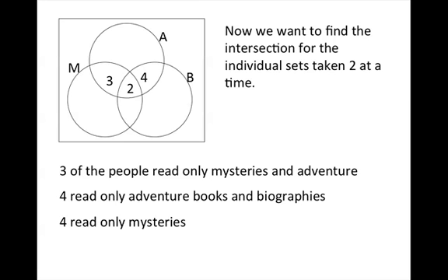Then I'm told that 4 read only mysteries. So if I look at my circle for M, if I only want to consider the ones that read mysteries, that's everything in the circle for M that's not in any of the other circles. So my 4 is going to be in the area for M that's not in any of the other circles.